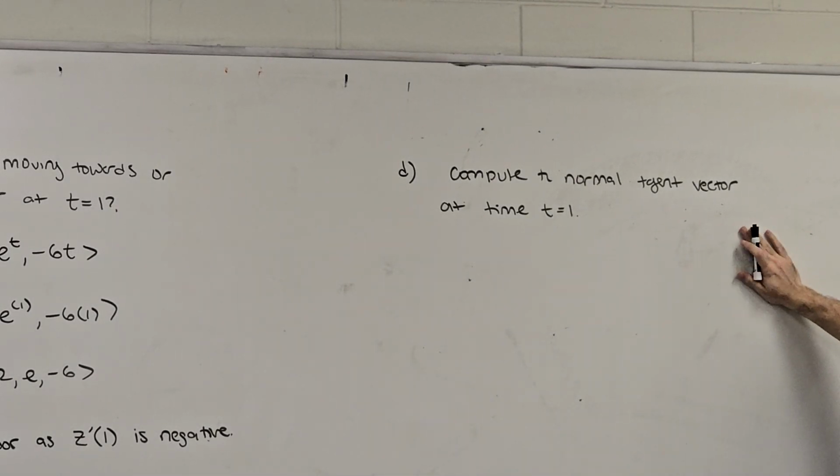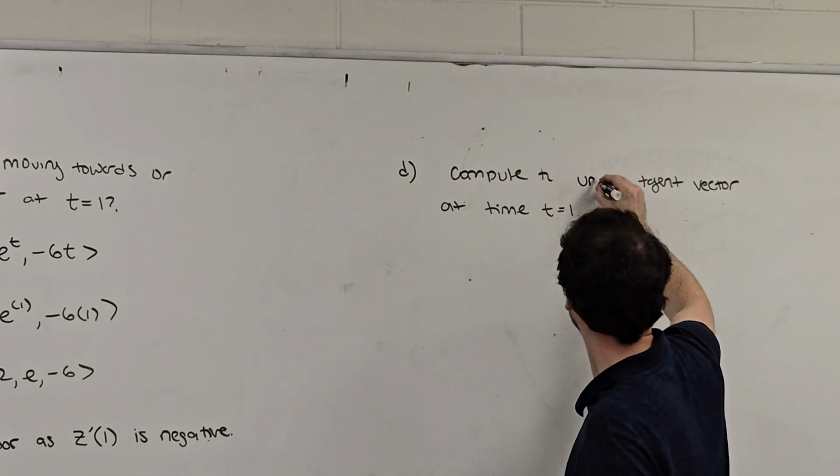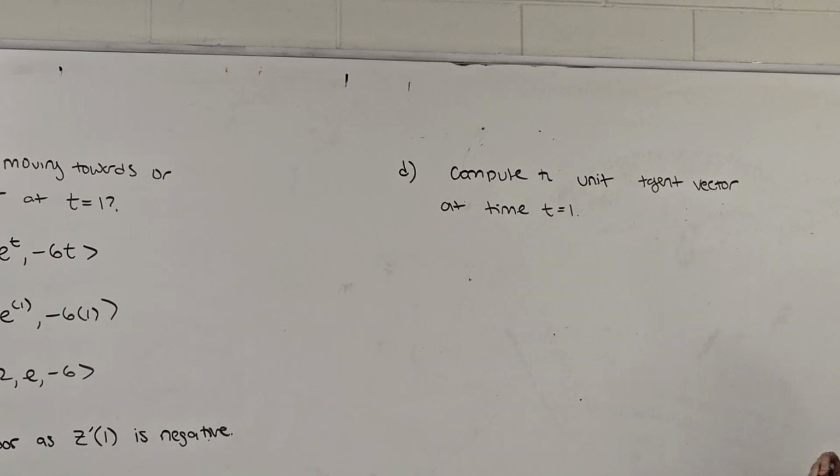This is saying compute the normal tangent vector at time t equals 1. So tangent vector, velocity vector, same idea. Or, excuse me, sorry, not normal tangent, unit tangent. If I want the unit tangent vector, then I want my tangent vector, but I'm just going to normalize it or shrink it down to where it has a length of 1.